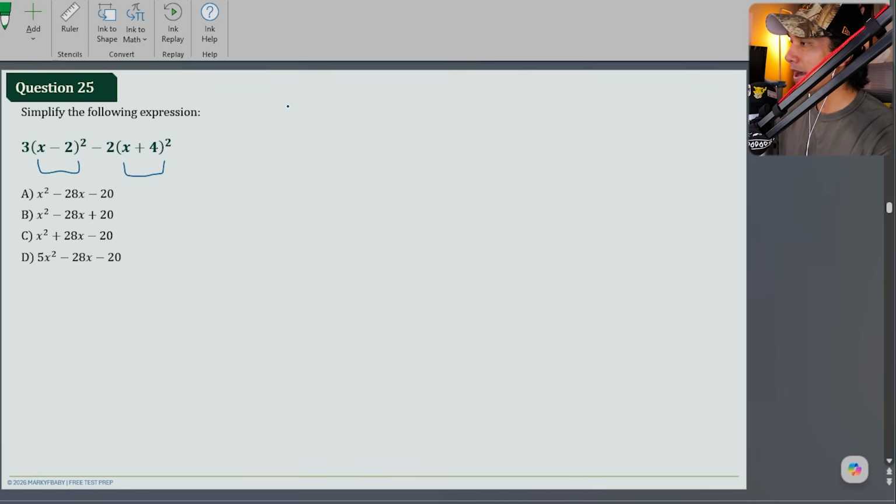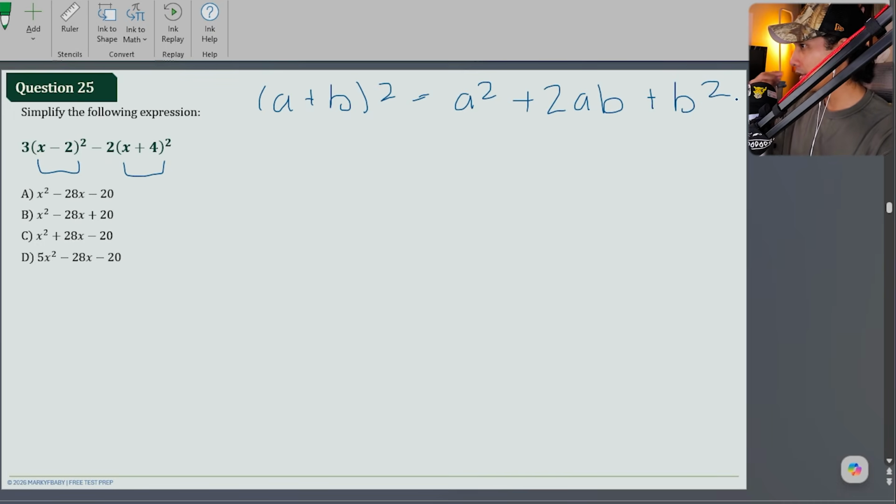And to square a binomial, the formula is (a plus b) squared equals a squared plus 2ab plus b squared, okay? That's all that's happening. Or you could FOIL, and I did show you how to do that. So a squared plus 2ab plus b squared.